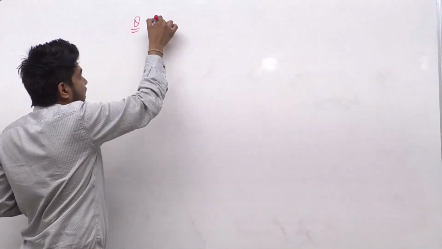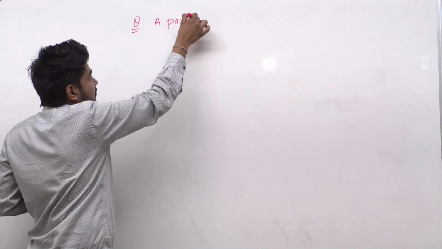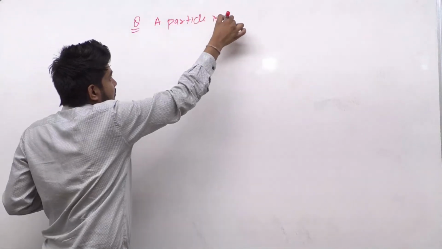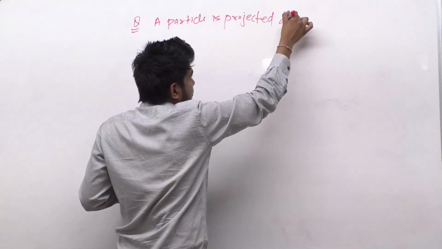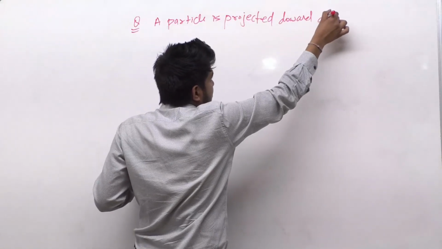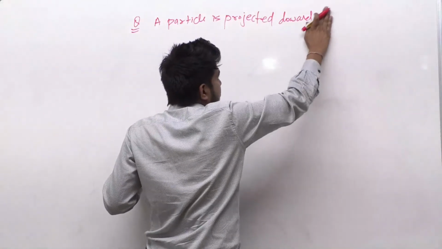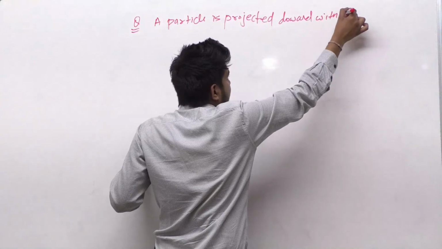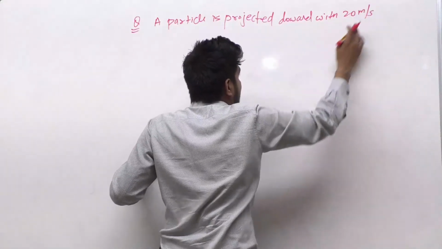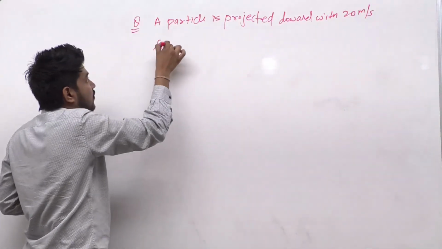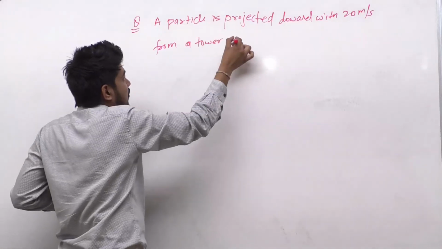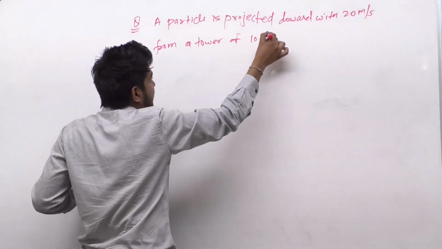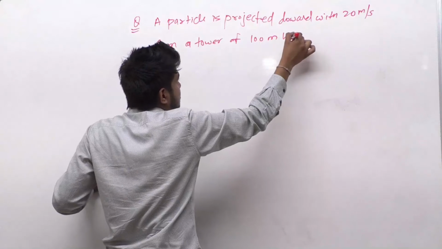So the question is, a particle is projected downward with 20 meter per second from a tower of 100 meter height.